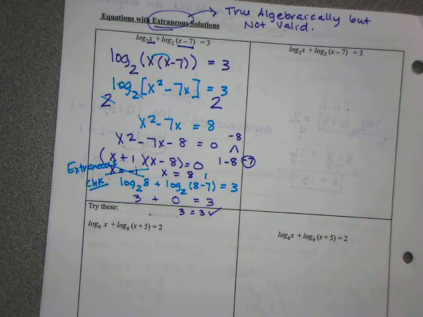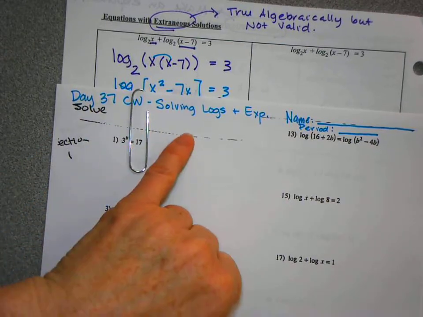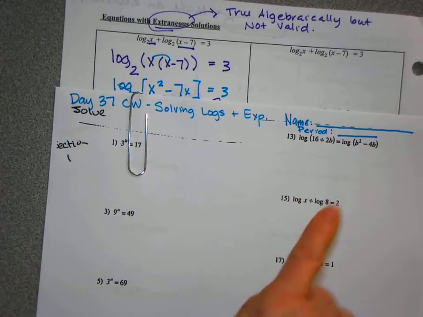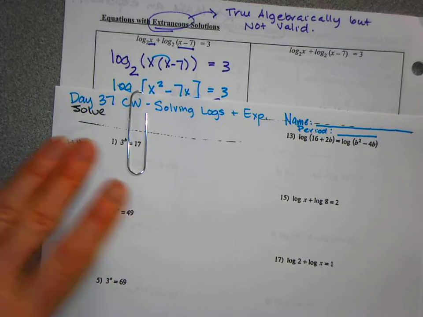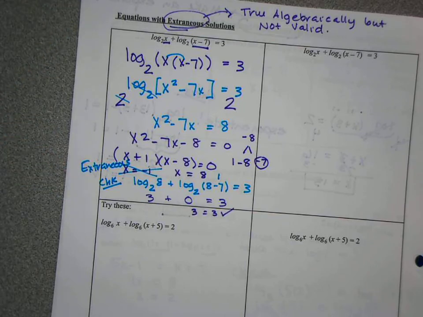The classwork that I'm talking about looks like this. It's the day 37 classwork, solving logs and exponents. It's got exponents on one side, logs on another side. You may work in groups, and please turn that in at the end of class. All right, I'll see you on Wednesday.